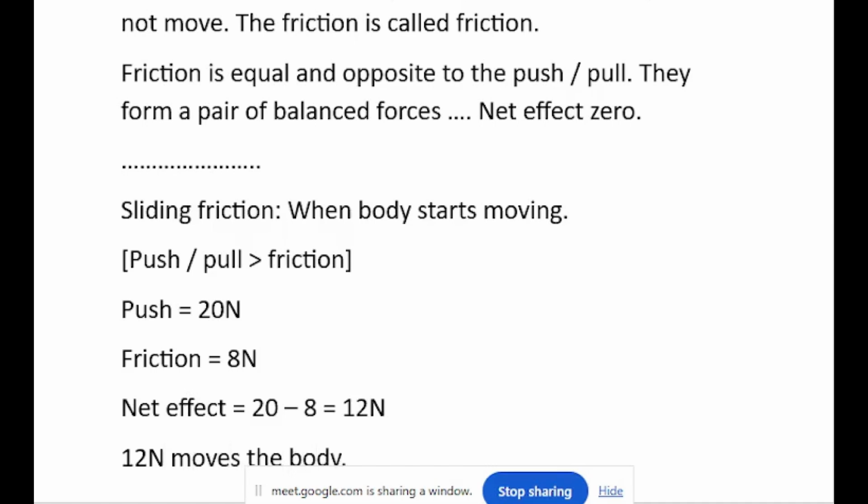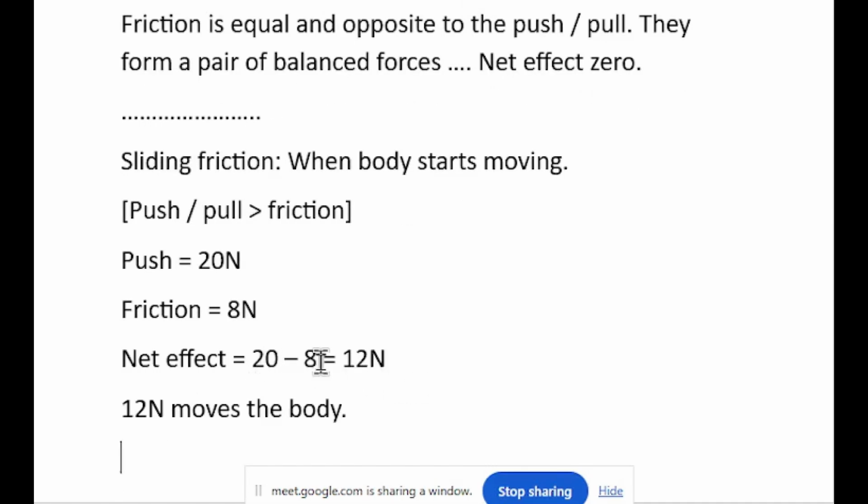The 8 newtons is not moving the body; 8 newtons tries to stop the body. 20 newtons is trying to move the body. So actually the body is moving due to a force of 12 newtons, and the remaining 8 newtons is equal and opposite to the friction.